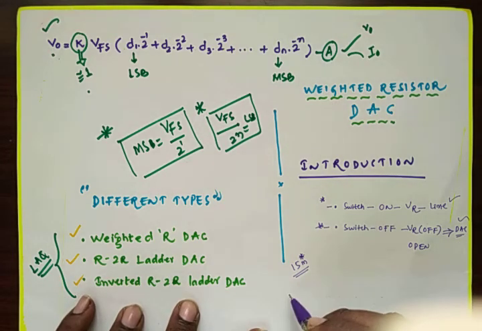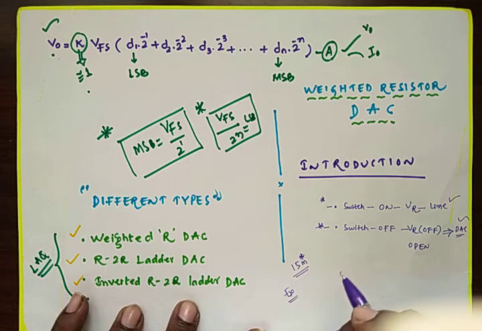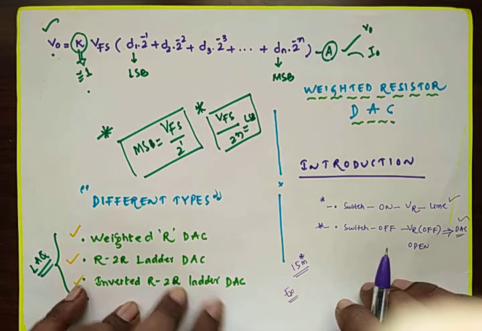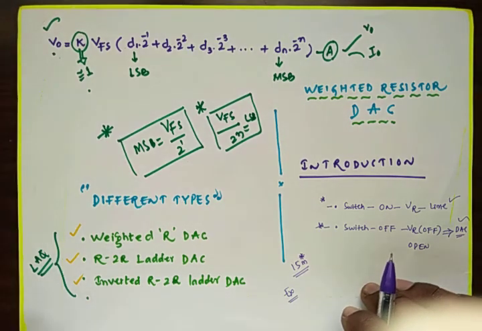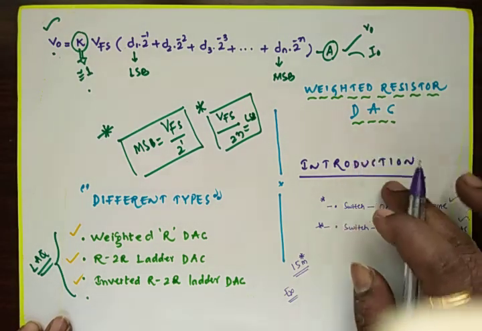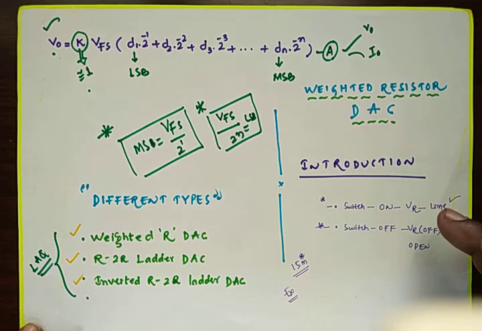So students, please put some additional interest in the fourth unit, so that you can easily get 15 marks from it. In tomorrow's class I will continue with the same weighted resistor DAC, so that everyone will be clear. Thank you, students.